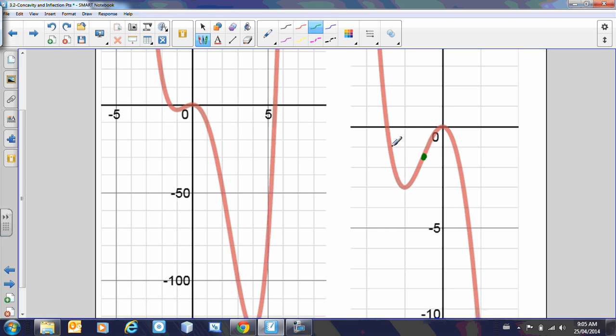We had a positive value previous to that, a negative value after that, and then a positive value after the second turning point over here. And so hopefully from that you can see in the first section I have concave up, or open up. In the second section I have opening down, and third section I have opening up.